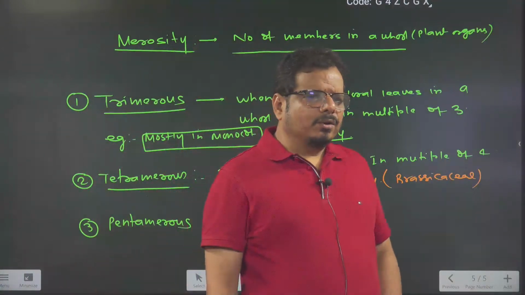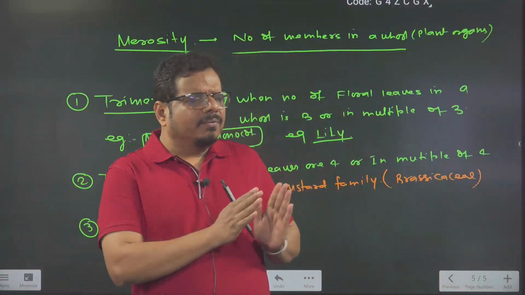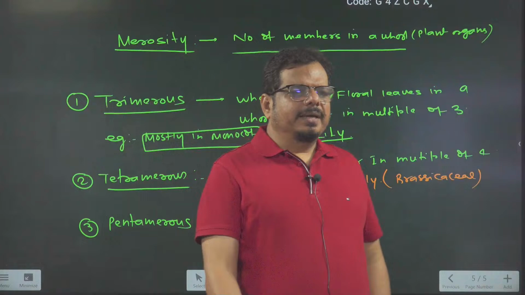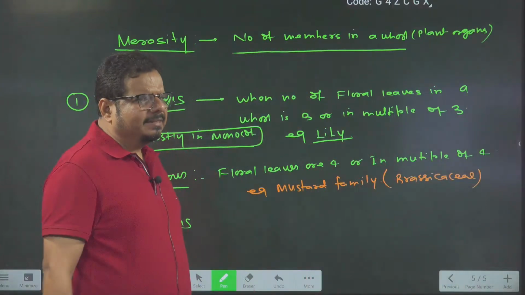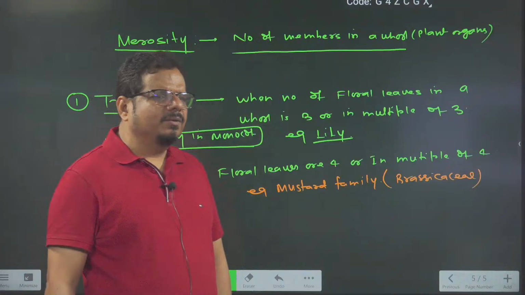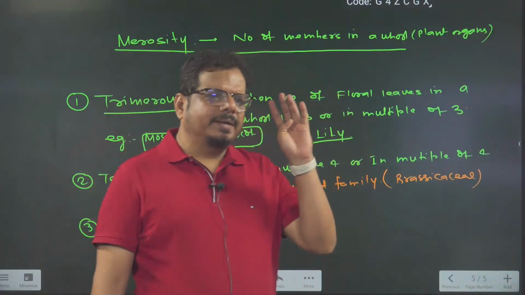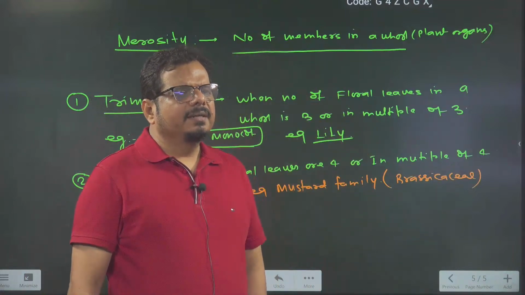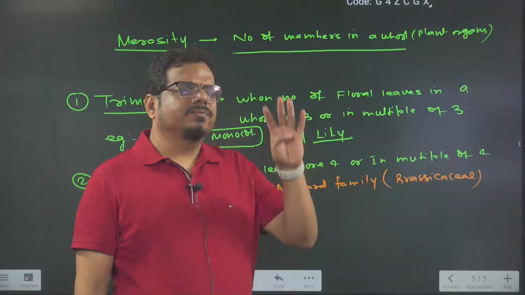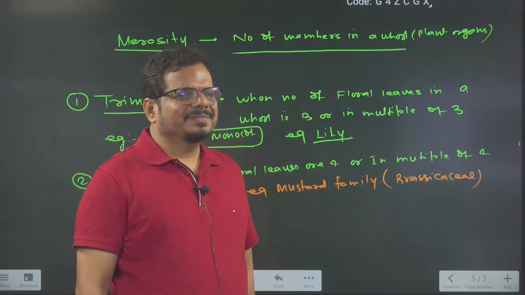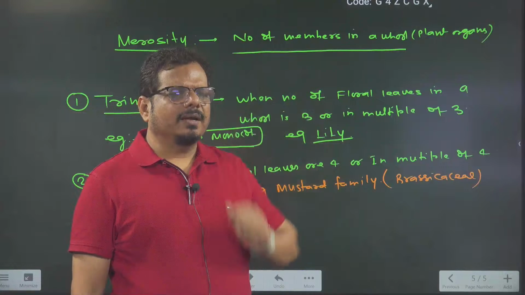Try to recall the Brassicaceae family. It is not a rule that every whorl follows this rule, but we are just finding the majority. If you open your NCERT, you will find the floral formula given for the mustard family: calyx 4, corolla 4.